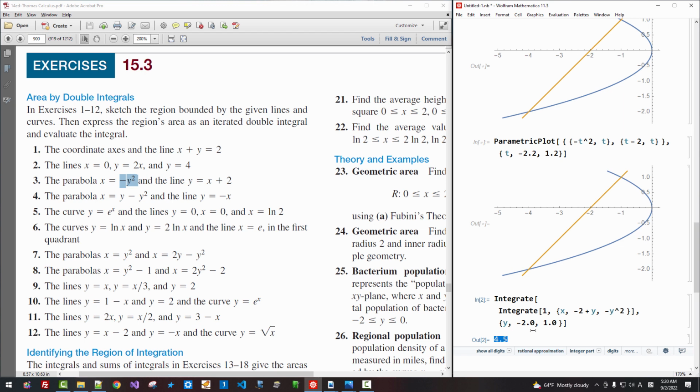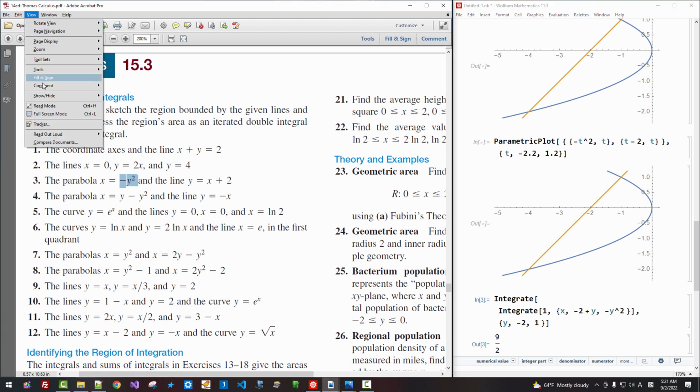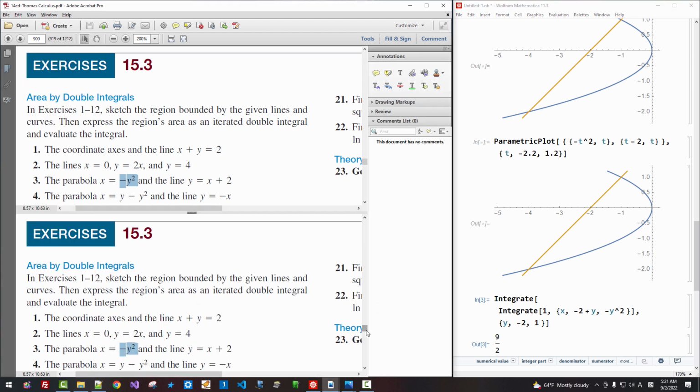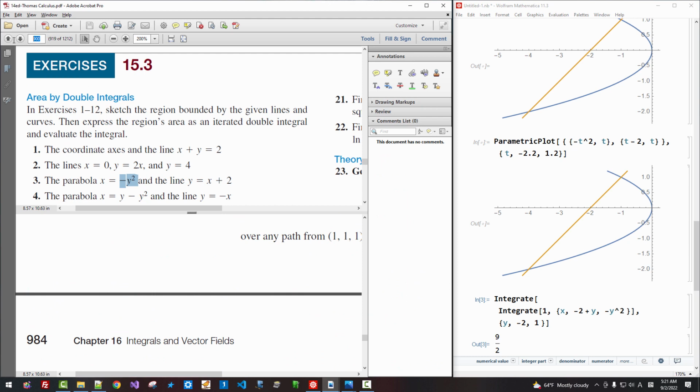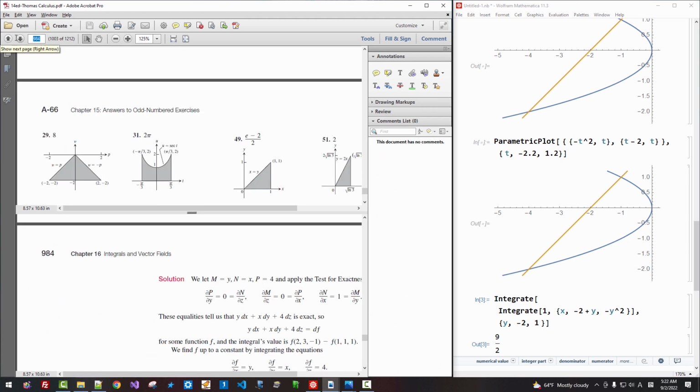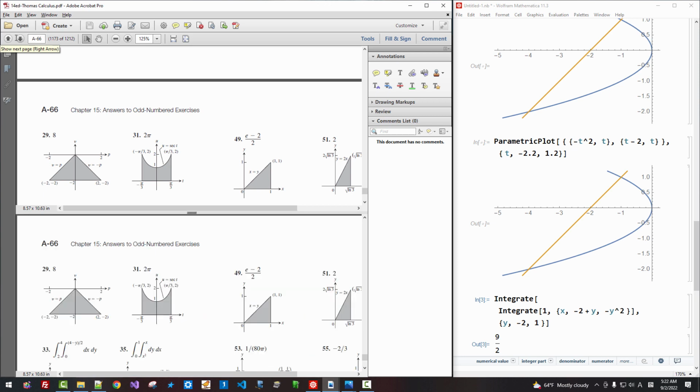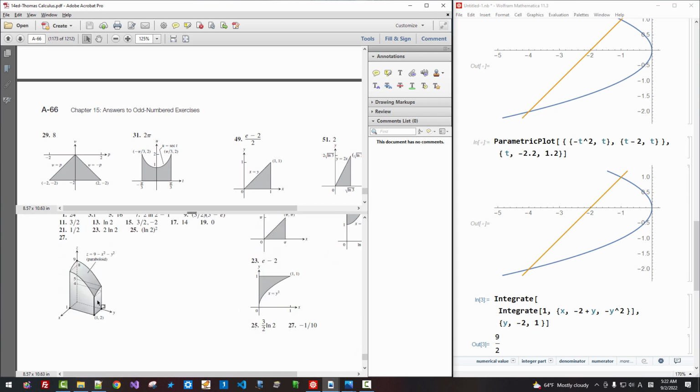4.5, because we put 0 here. We compute like this. 9/2. We split the view. If we scroll down page A66, 15.1.